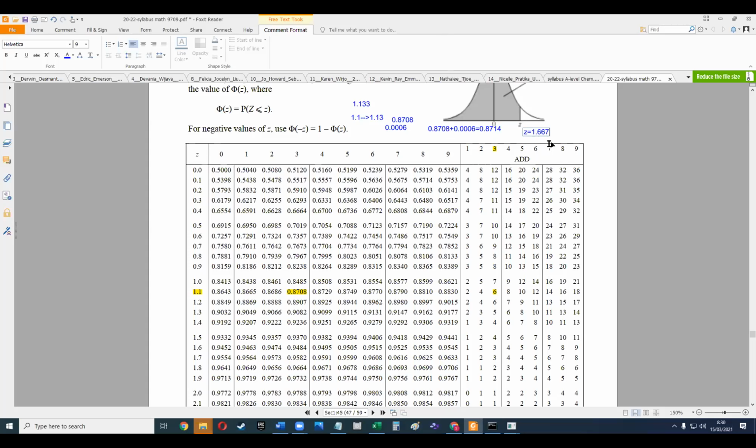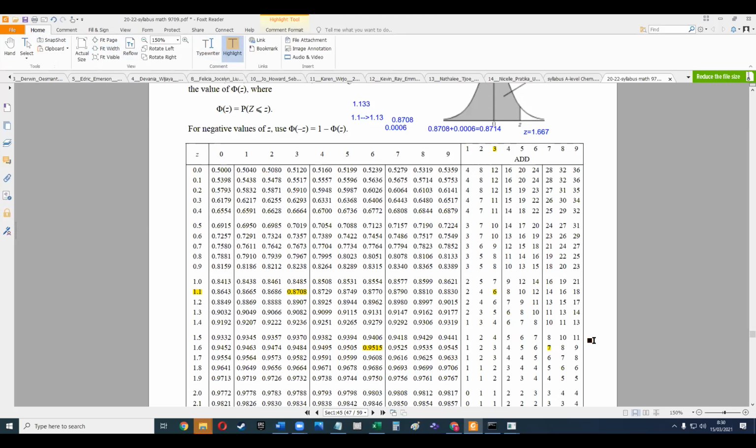Read this table for z is 1.667. 1.66 gives 0.9515. And then after that, the add 7.